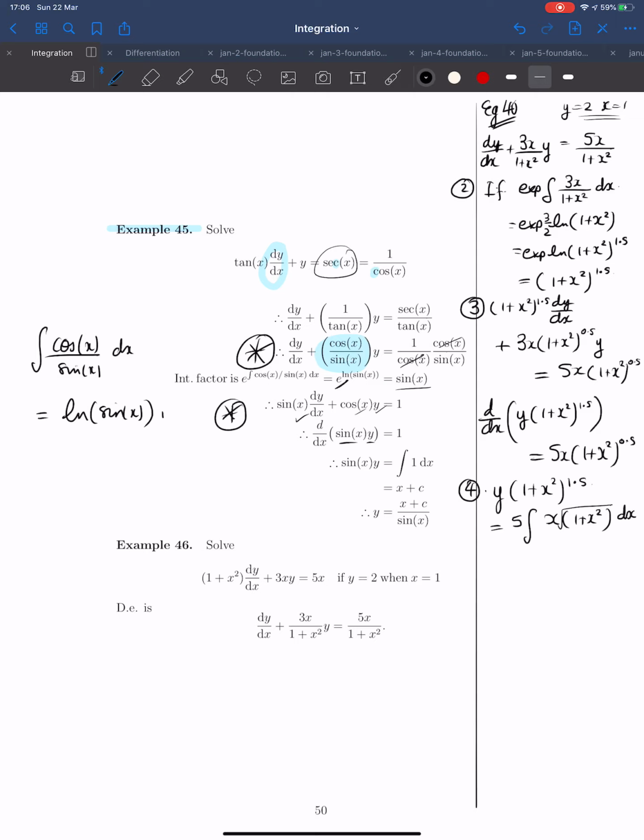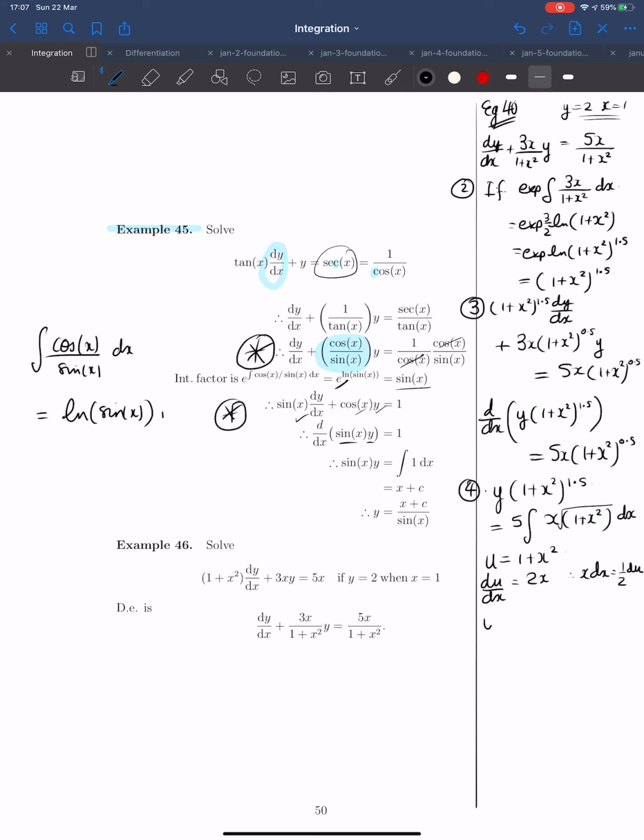Okay, so that second side, the right hand side, needs that integral there, needs solving by substitution. So if we let u is 1 plus x squared, du dx is 2x. So we can say x dx is a half du, rearranging that.